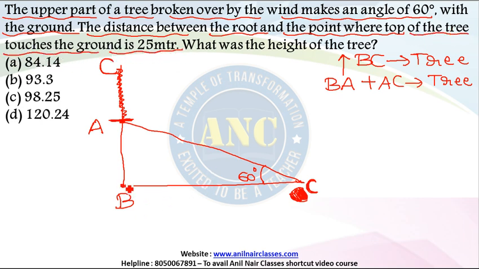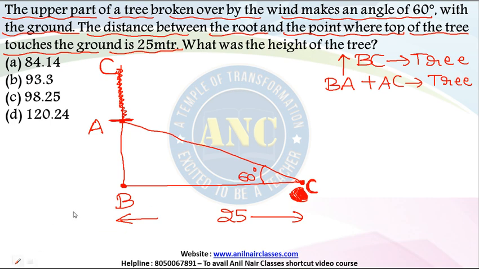Root is point B. The top of the tree touches the ground at point C. The distance is given as 25 meters. What was the height of the tree? This entire BC value I need to find, or BA plus AC.